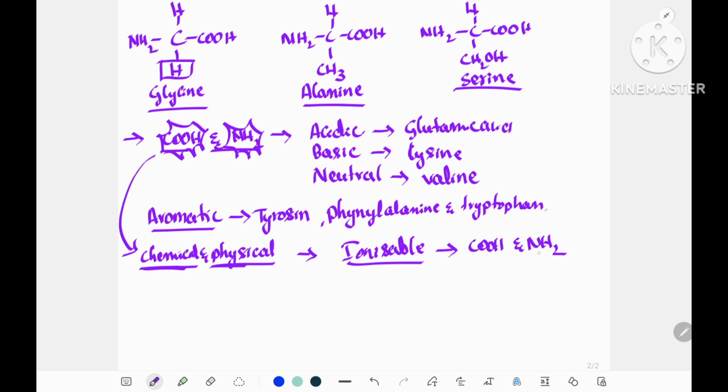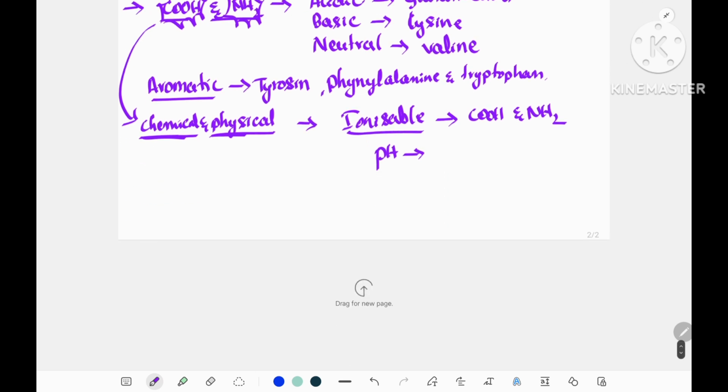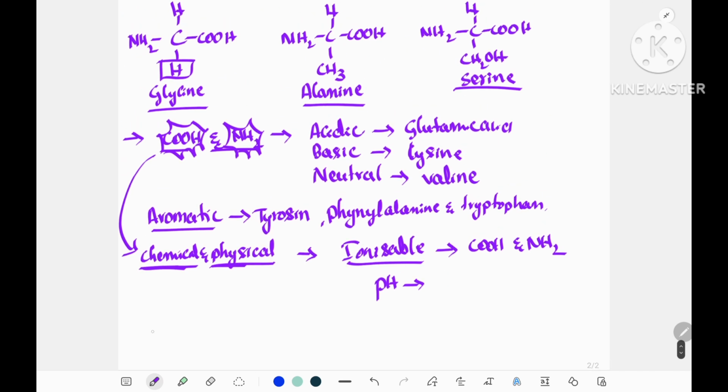And this ionization of carboxyl group and amino group is based on the pH of the surrounding in which the amino acid is present. For example, if an amino acid is placed, so I'll write the basic structure of amino acid first.